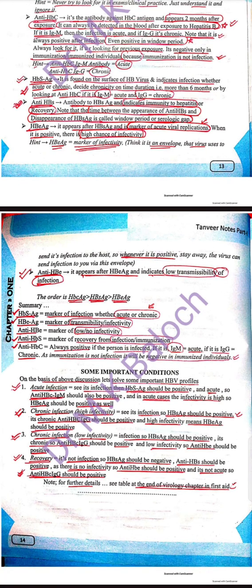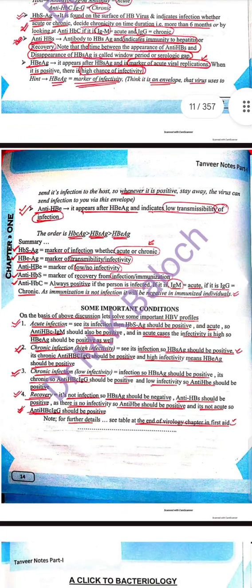The order is HBc antigen, HBs antigen, HBe antigen. सबसे पहले C, then S and then E. HBc तो आपको नहीं मिलेगी because it occurs in incubation period.